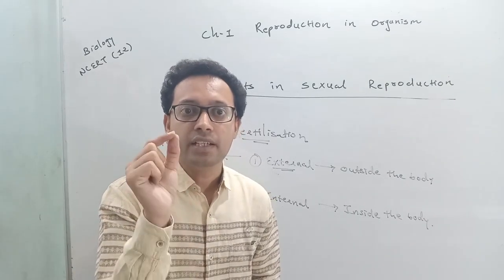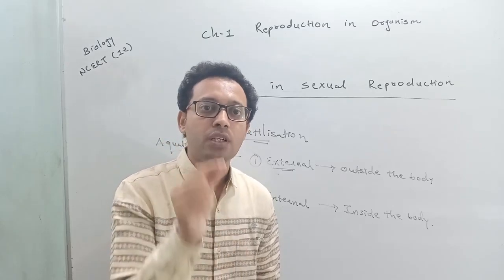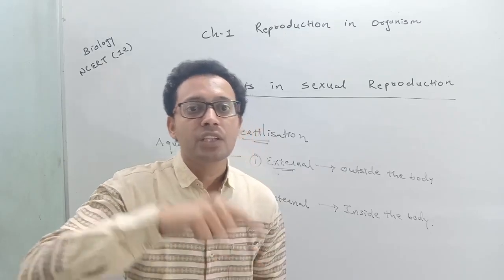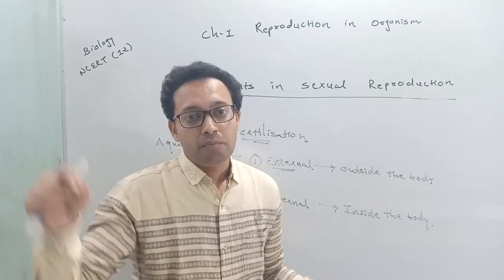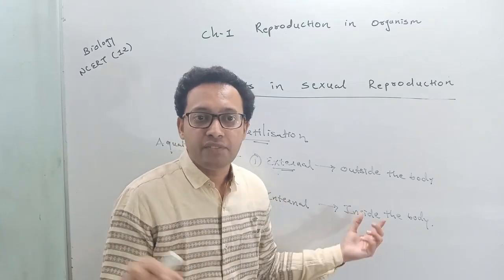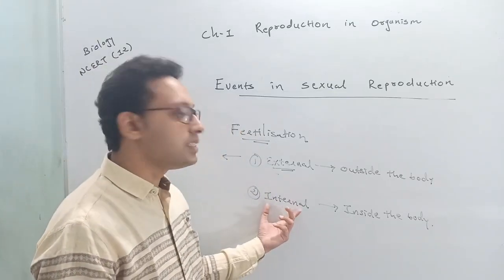remember, there is a need to develop a mechanism that leads to the transfer of male gamete to the female gamete, because now the female gamete is present in the body of the female, and the fusion occurs inside the body. So there is a need for the development of internal fertilization.